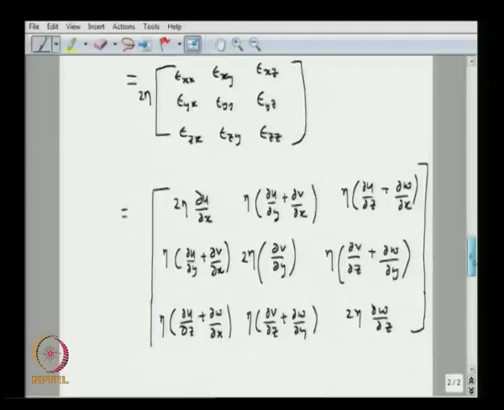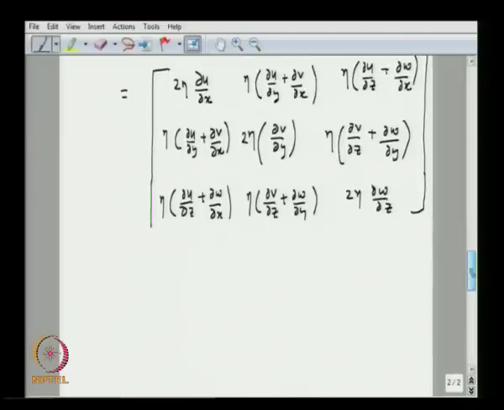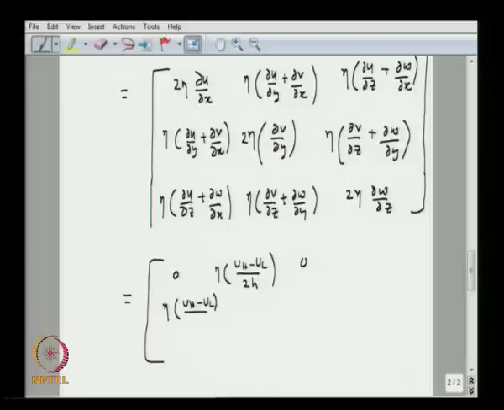Now, in this general stress tensor, if you put down the values for the velocity gradient, then you would see this will be 0, this will be eta into UH minus UL over 2H, this will be 0, this will be eta into UH minus UL over 2H, 0, 0, all others will be 0.